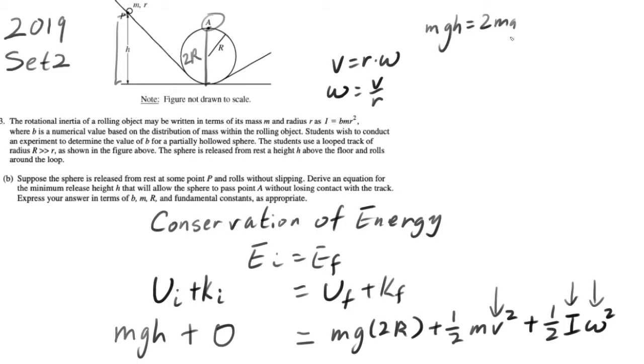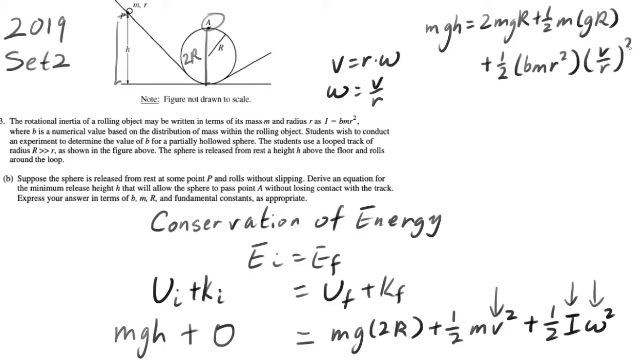So we get that mgh is equal to 2mgr plus 1/2 bmr squared times omega squared, where v squared is root gr squared. Always remember the square. Now we simplify the right side even more: combining these two terms gives 5/2 mgr, plus we can cancel out this r squared with this r squared, leaving 1/2 bmv squared, and we can substitute root gr for v again.